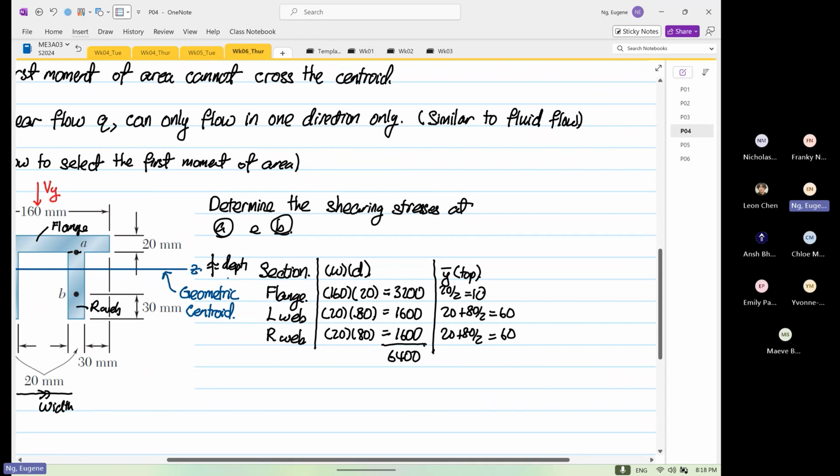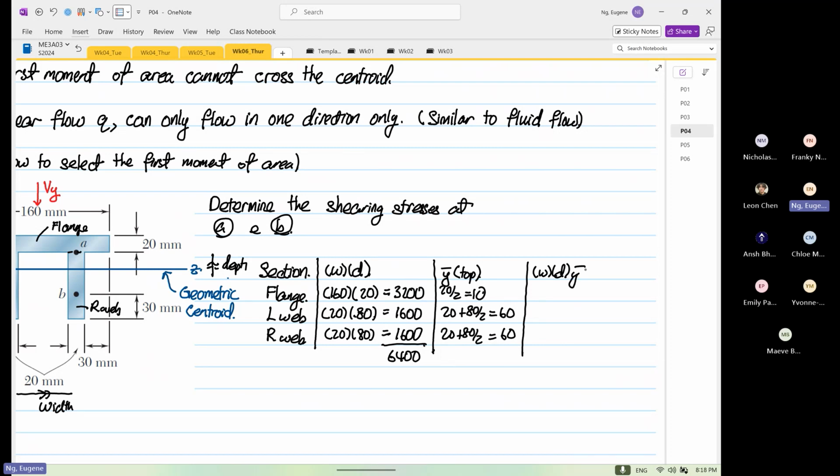And then finally, we have our width times depth times Y bar. So it's 3200 times 10 is 32,000. 1600 times 60 is equal to 96,000. And then when we add everything up, it's 224.